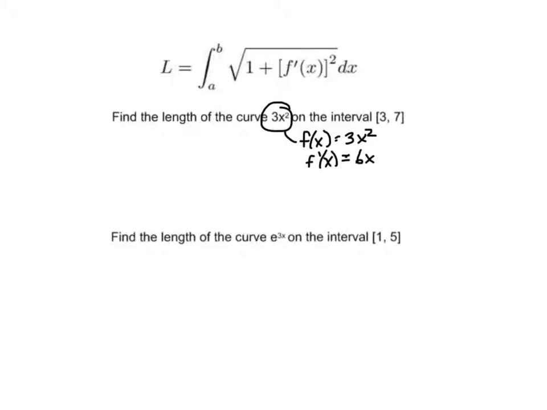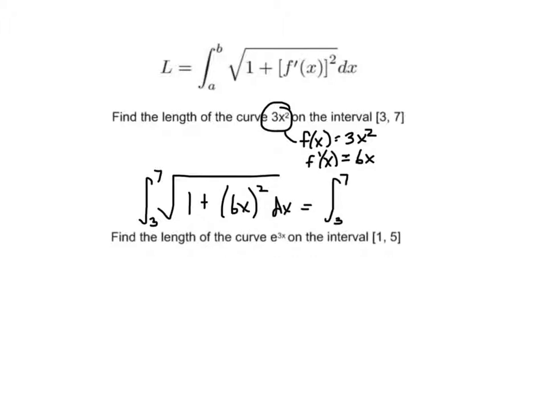So my arc length is the integral from 3 to 7 of the square root of 1 plus (6x) squared dx, which we could rewrite as the integral from 3 to 7 of the square root of 1 plus 36x squared dx.